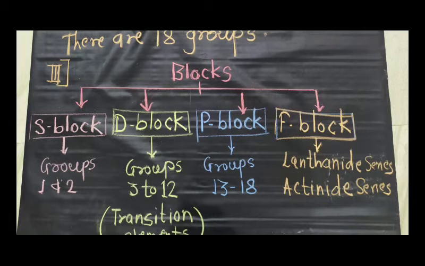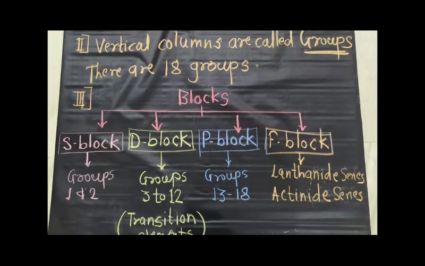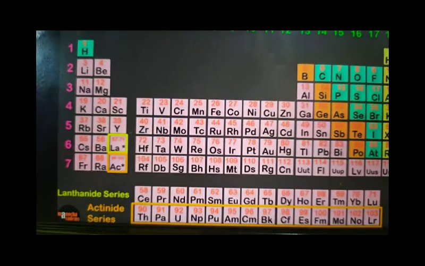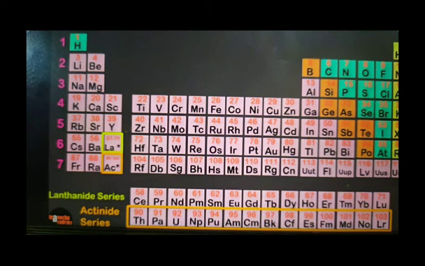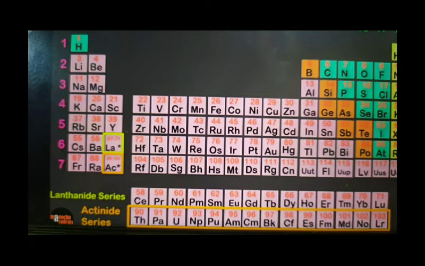The third, the p block, has groups 13 to 18. And at the lower side of the modern periodic table there is the f block, that is, the lanthanide and actinide series. In this picture we can also see the lanthanide and actinide series.